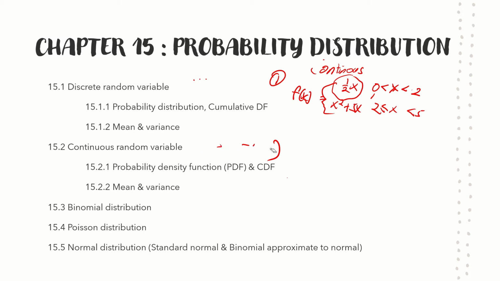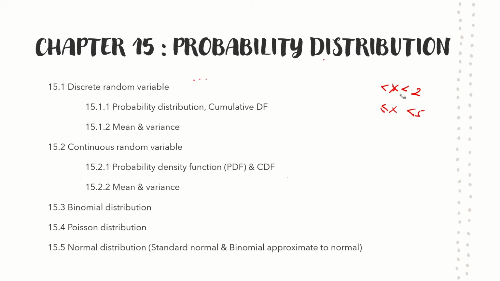Now we go to the last three subtopics: binomial distribution, Poisson distribution, and also normal distribution. For binomial distribution and normal distribution, you have already learned them in SPM. Just the same. The formula for the binomial probability is already given to you, so you don't need to memorize it, but it's better for you to memorize.